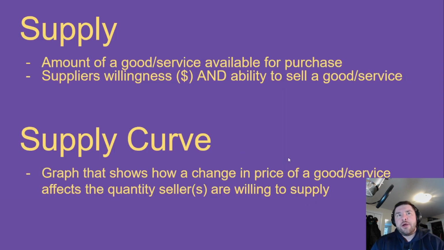So supply, you also get supply for the most part. It's a word thrown around a lot in this hobby and on YouTube. It's simply the amount of a good or service available for purchase. And we need to start thinking about that key part, available, because Pokemon can print 1 million boxes of Paldea Evolved, and that's great.